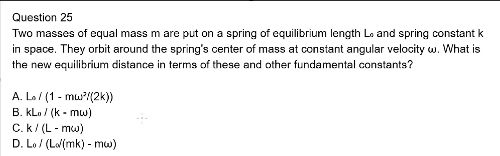So the key piece of dimensional analysis is just working with units and making sure that they all work out. So for this first answer choice, A, we have L0, which has units of meters.